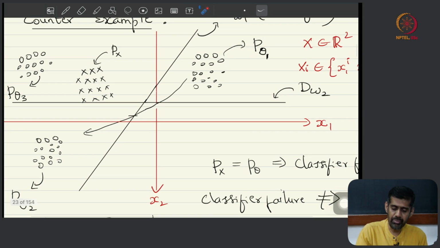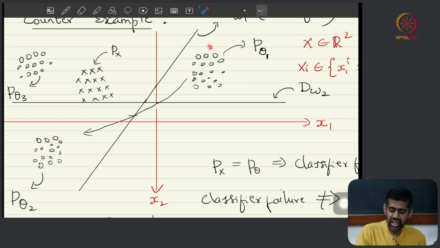Let us say that our data is in 2 dimensions. x1 and x2 are the 2 dimensions of data, and these points that I have marked with x are from px. Let us say that my initial value of theta would give me points which cluster in this particular region in this space.